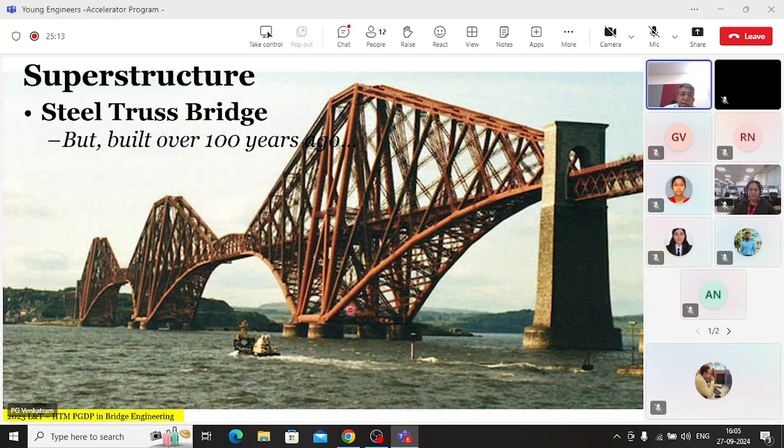What kind of bridge is this? It's a truss, definitely, but in addition to being a truss, it's another type. What is it? Can anybody identify? Cantilever with a supported span arrangement. That part here in the center is called the suspended span.